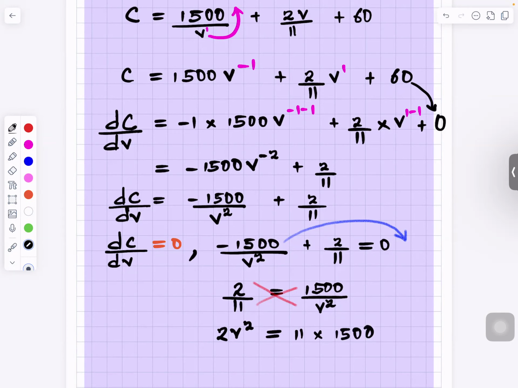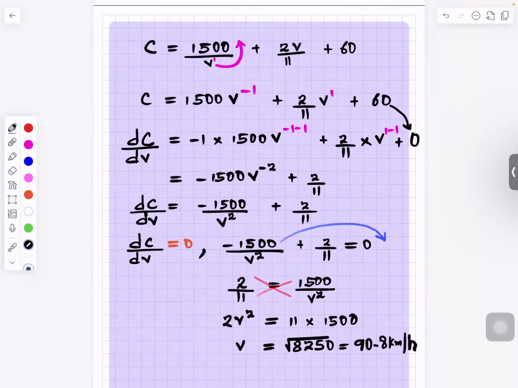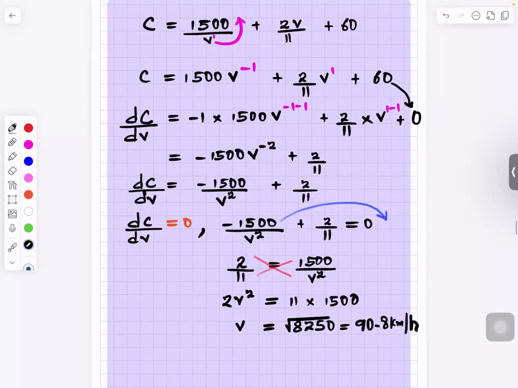And you can work that out to get V to be equal to the square root of 8250, which gives you 90.8 kilometers per hour. So that's the value, 90.8 kilometers per hour. And that's part 1 done.